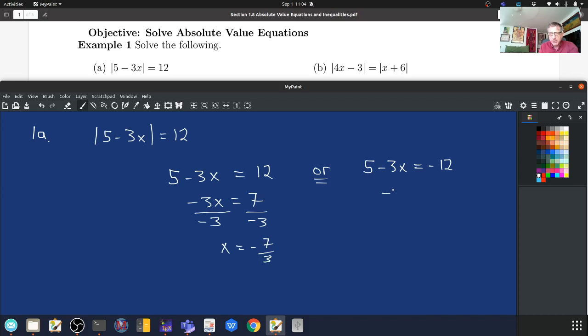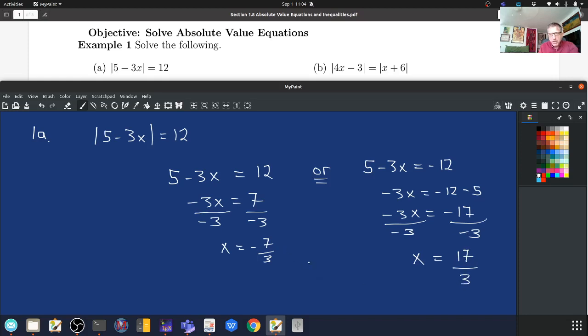Over here, I take the 5 to the other side, and it becomes negative. So I have minus 3x is equal to minus 12 minus 5, which is minus 17. I divide both sides by minus 3. So I get x is equal to minus 17 divided by minus 3, which is the same thing as 17 divided by 3.